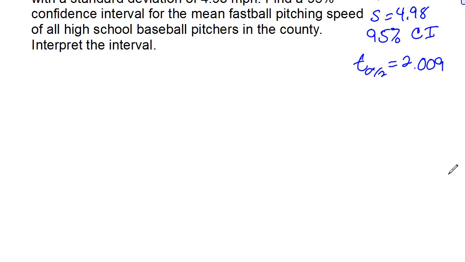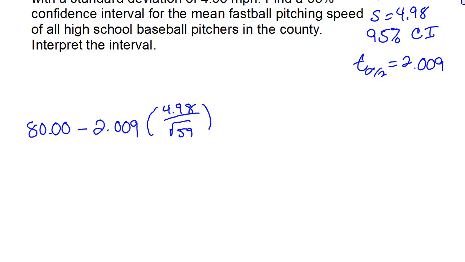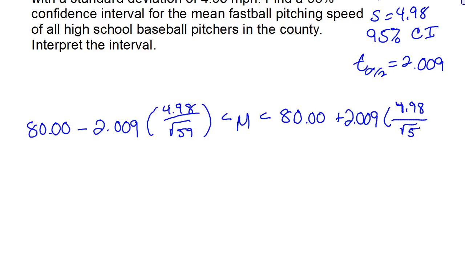And we're going to calculate the interval. We're going to use 80.00 minus 2.009 times your standard deviation, 4.98, divided by the square root of 59, our sample size, is less than our mean, which is less than 80.00 plus 2.009 times 4.98 divided by the square root of 59.